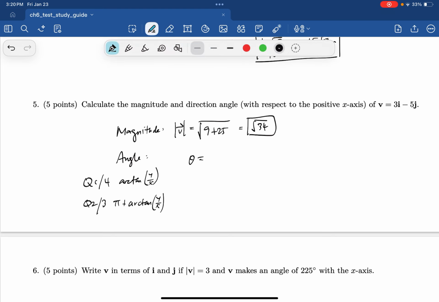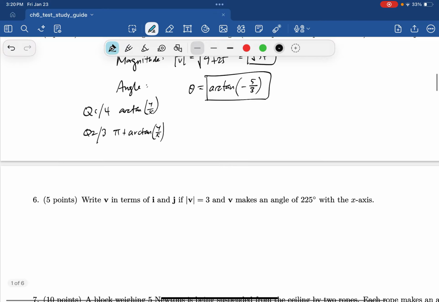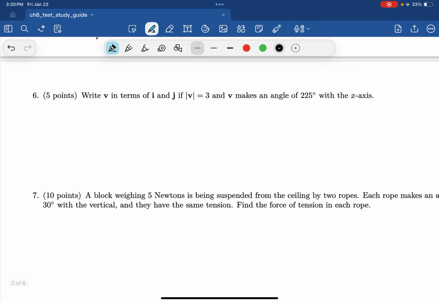Alright, so the angle, this is in quadrant 4. And so we're going to use the first formula. It's going to give us arctan negative 5 over 3. Okay. Here, the general formula is that the x and y components are going to be the magnitude times the cosine of the angle, comma, sine of the angle. All right.